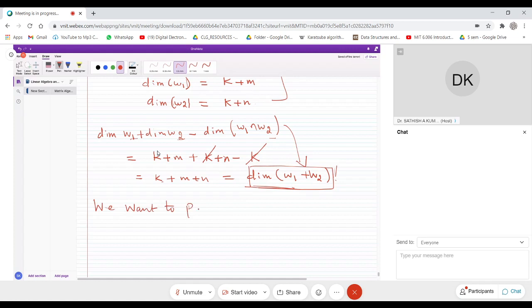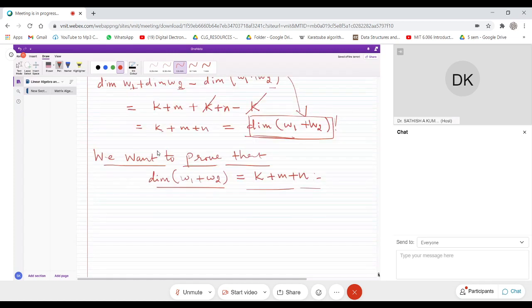We want to prove that the dimension of W1 plus W2 will be the same as k plus m plus n.